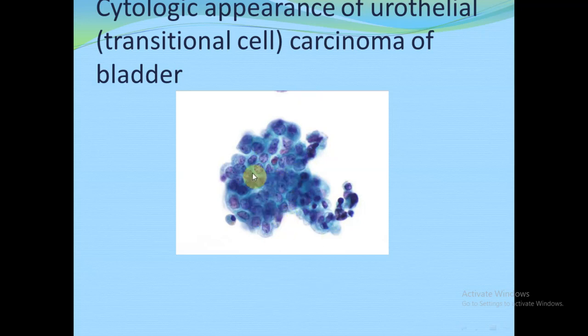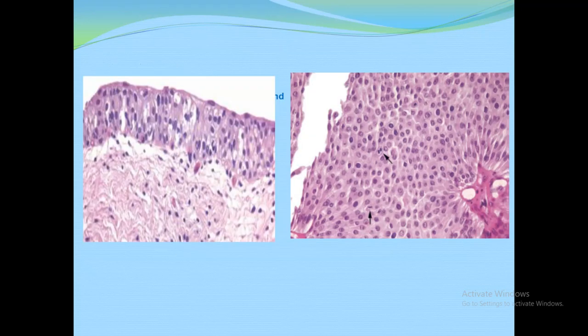We see clusters of transitional urothelial cells showing features of malignancy. This is urine cytology, an important and easy procedure for the diagnosis of urothelial carcinoma. It is better to explain this in the practical session.